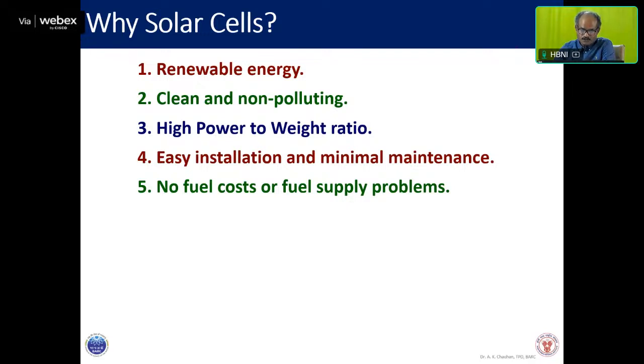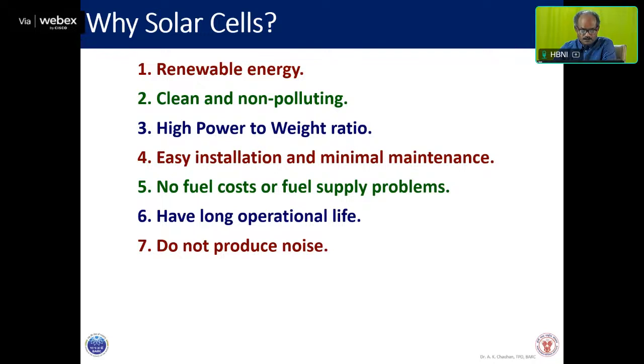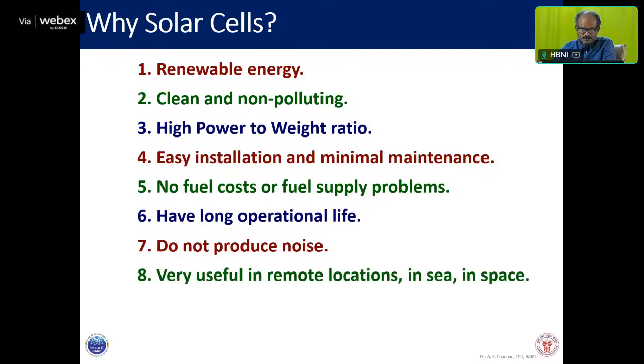Then there are no fuel costs involved or fuel supply problems. It has a long operational life. We'll see in a few slides that we have solar cells which are working for more than 40 years with the same efficiency. Then it does not produce noise, so it is noiseless and very useful in remote locations, in sea, in space, where you cannot lay wire.